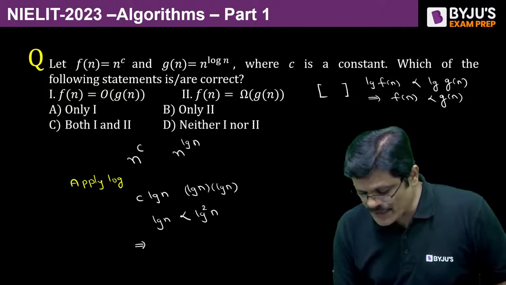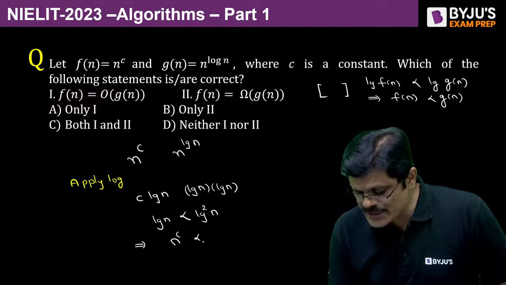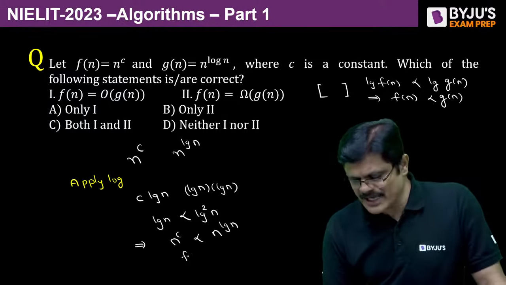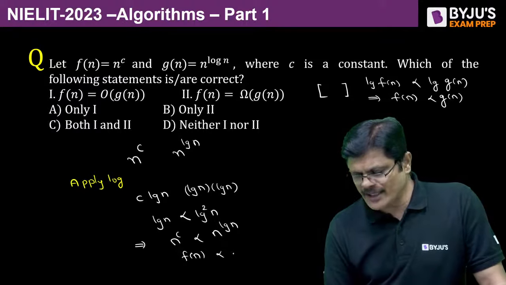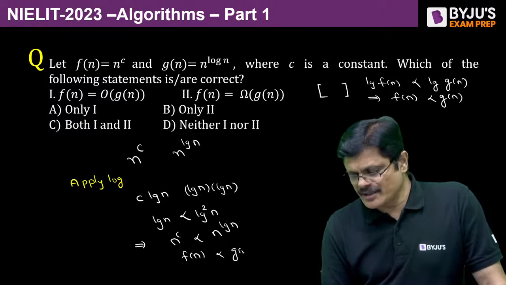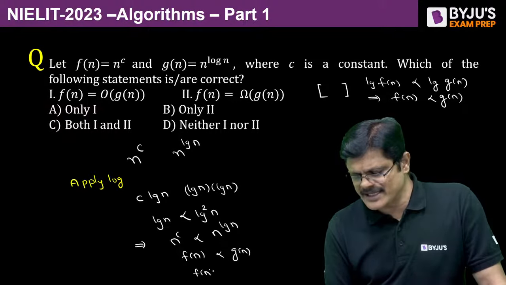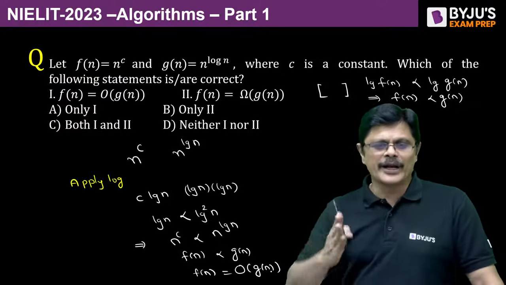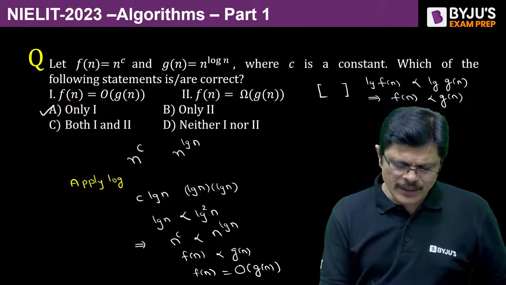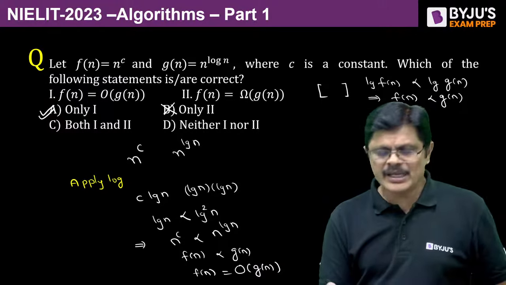So clearly n^c is smaller than n^(log n). That means f(n) is smaller than g(n), so you can say f(n) is big O of g(n), bounded above. So only A is correct, B is wrong.